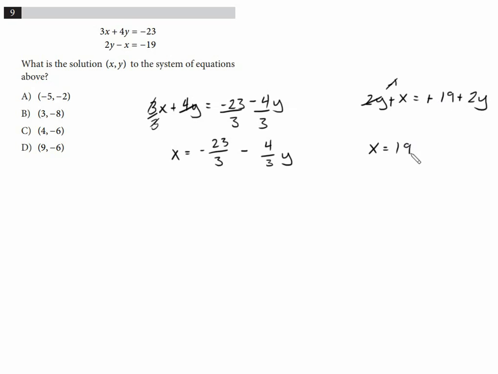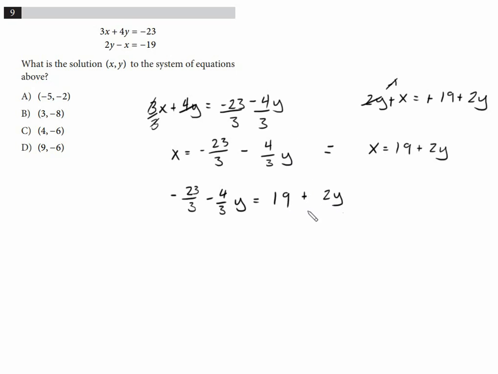And x equals 19 plus 2y. So now we have two equations, both in terms of x and y, but we have them so that we can set these two equal to each other. So negative 23/3 minus 4/3 y equals 19 plus 2y.